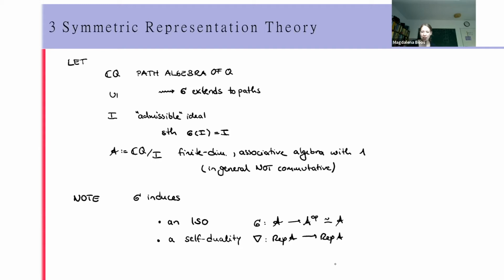I won't define it, but it's induced by sigma and by the usual dual, and we put in a minus at a certain point. It makes sure that we go into the Lie algebra, or into the Lie group, with the isomorphisms. And this is why these algebras are also referred to as algebras with self-dualities.